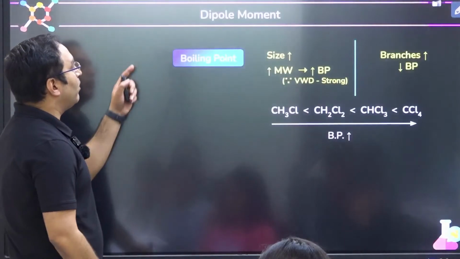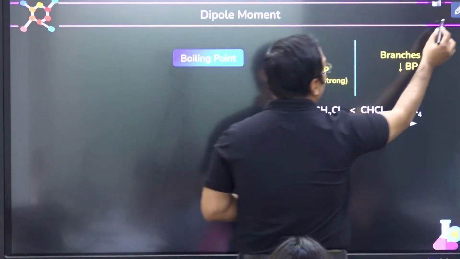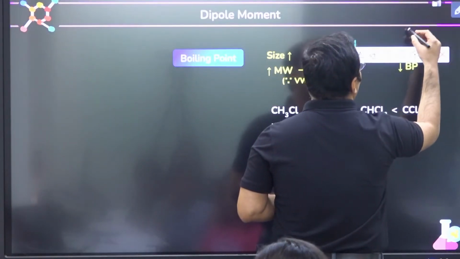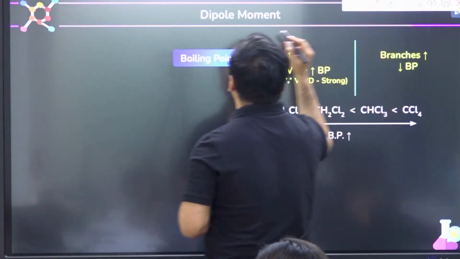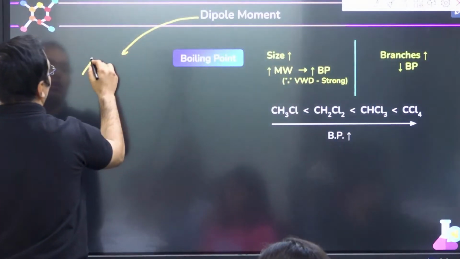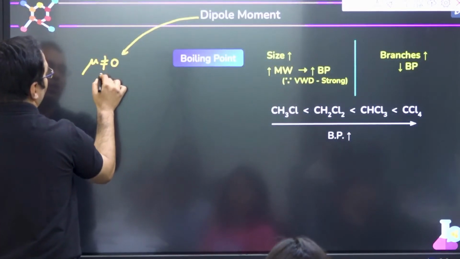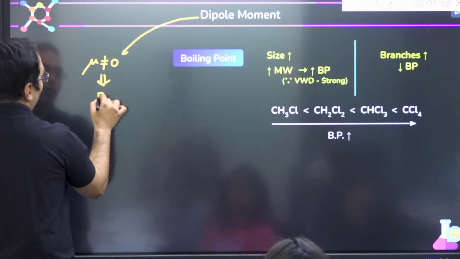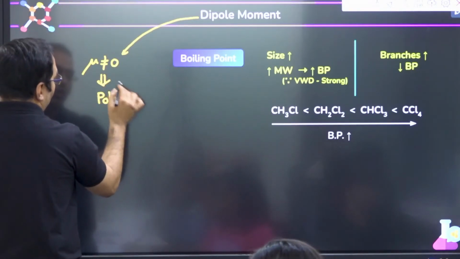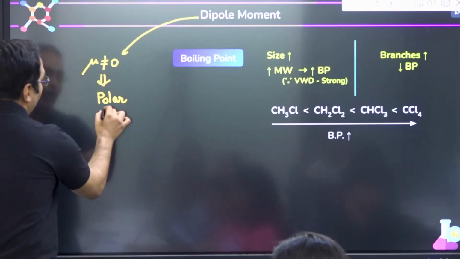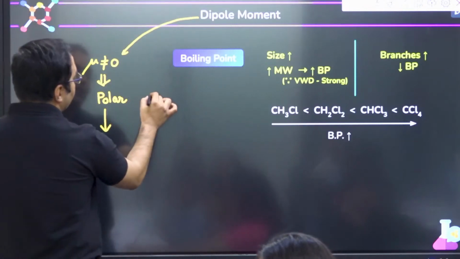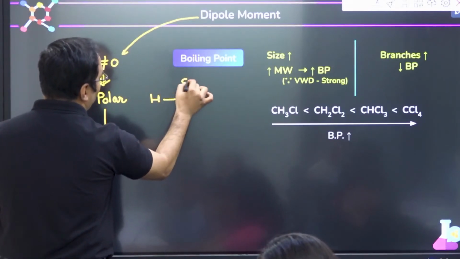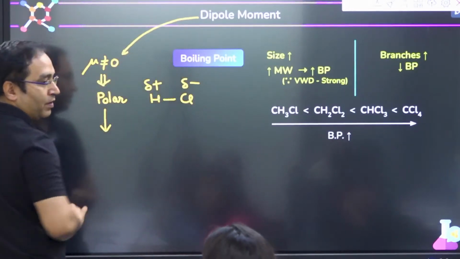So what is dipole moment? We understand properly now. Any compound which is having non-zero dipole moment will be polar. Any polar compound, let's say HCl, polar means you have this kind of polarities developed.